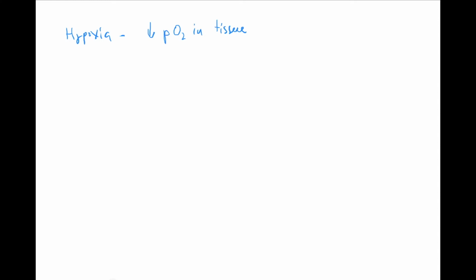Okay. Then what is hypoxemia? Hypoxemia, that is decreased partial pressure of oxygen in arteries, in blood, in arterial blood. Okay. And then we have hypocapnia. Hypocapnia talks about the partial pressure of CO2, again, in arterial blood.